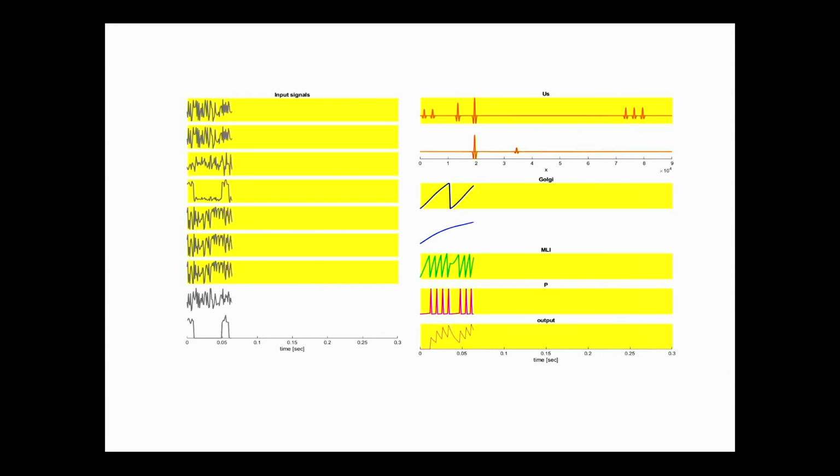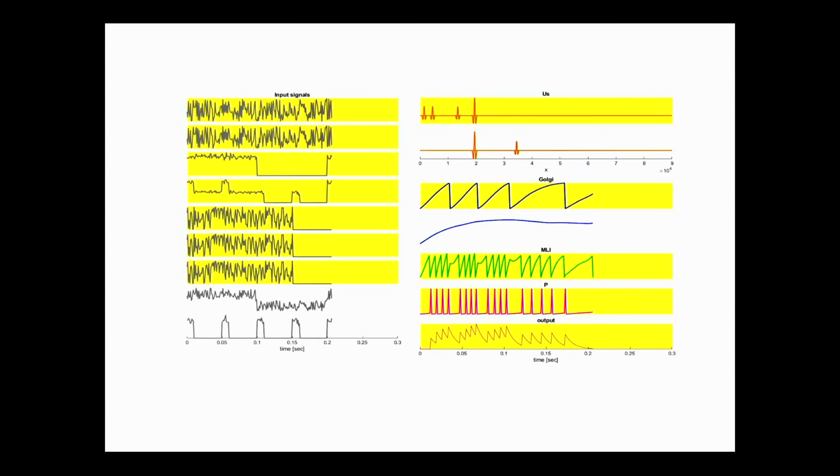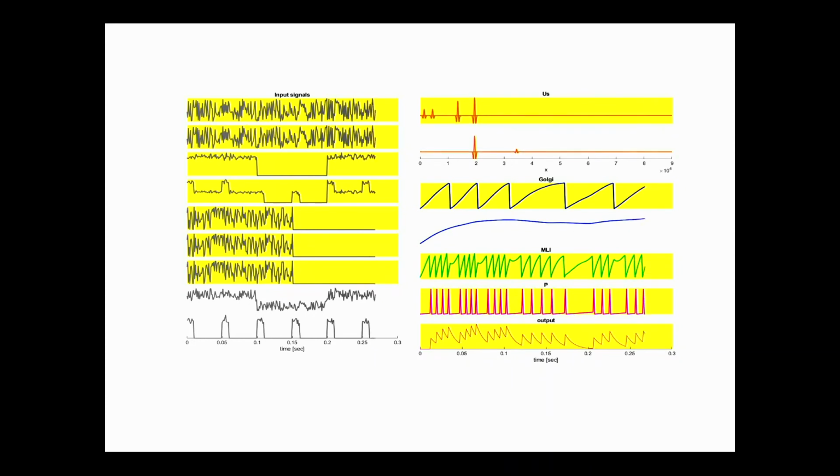Then we have the Golgi cells of the two vertices, in some cases reaching a threshold and creating a synchronized inhibition. In another case, the excitation is not enough to produce this inhibition on the underlying units. And then we have a sort of output waves coming from the activity of the perceptron.